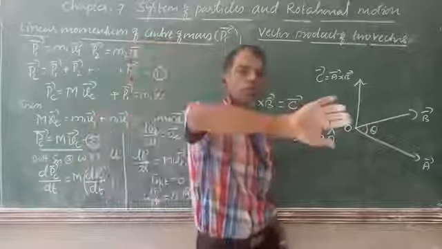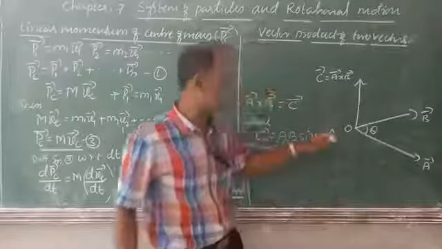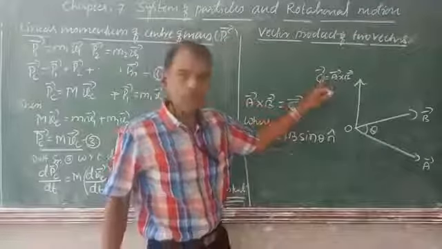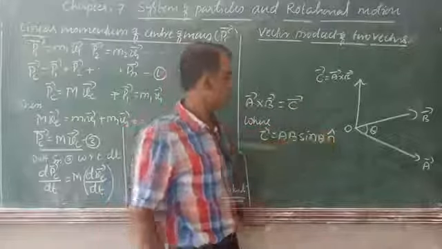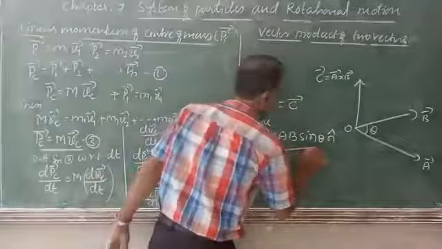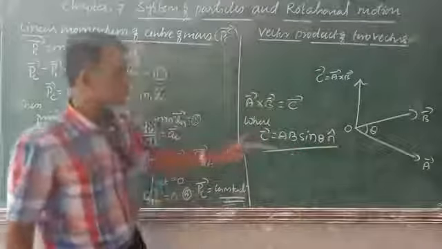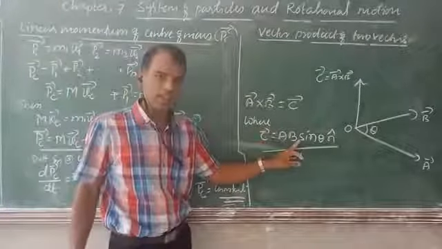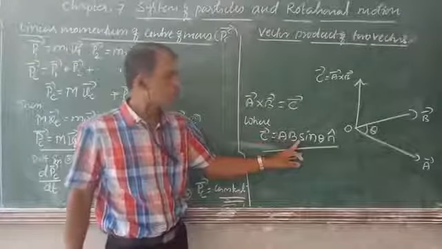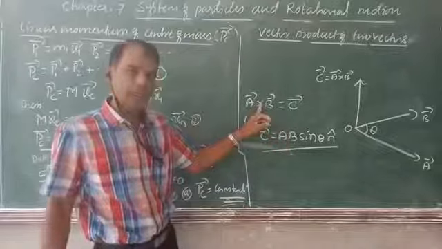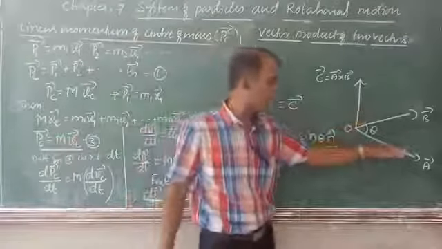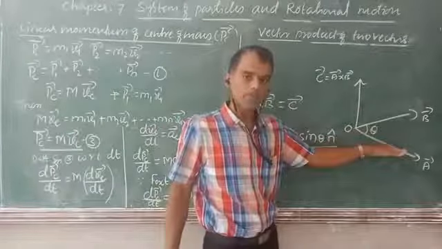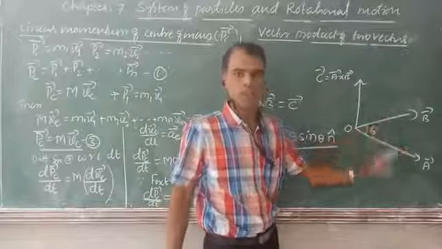When you move from B to A, the direction of A cross B is downward. Therefore, the cross product of two vectors is another vector whose direction is perpendicular to both vector A and vector B.